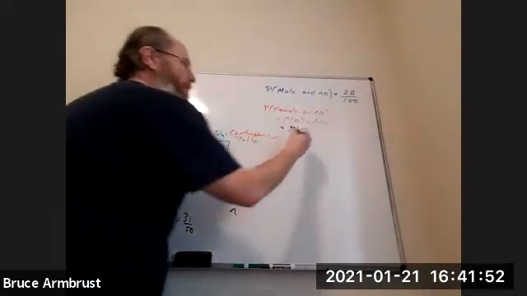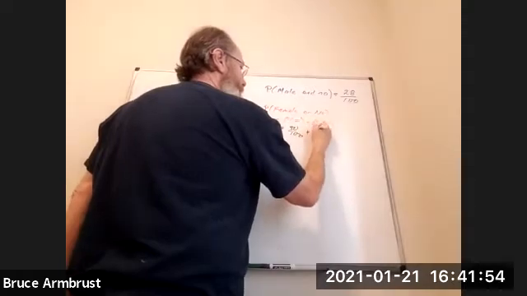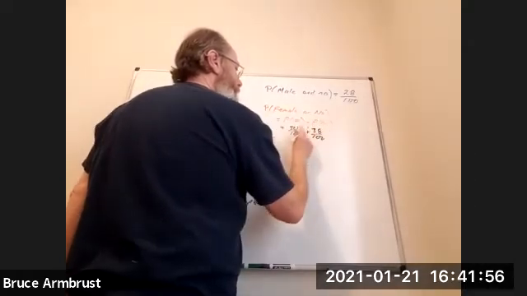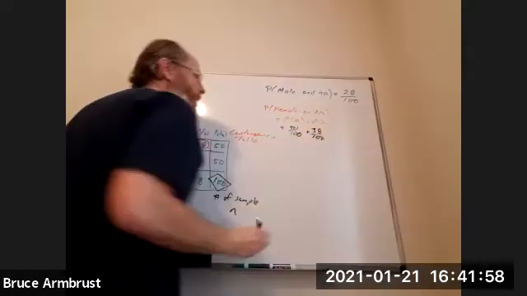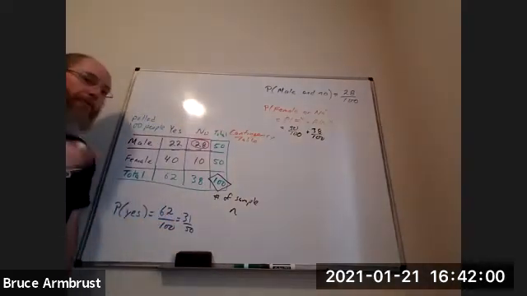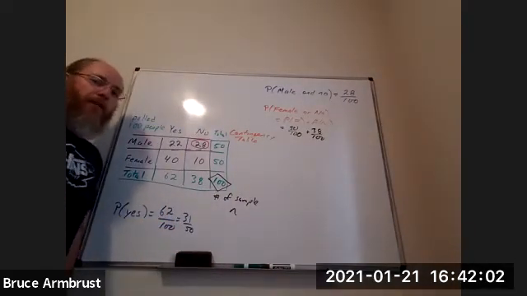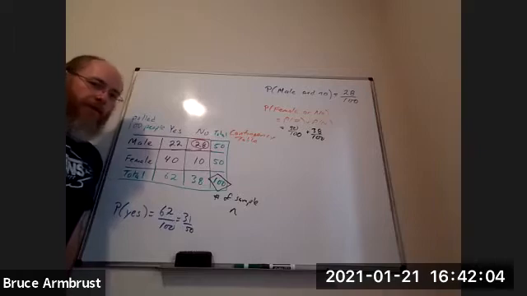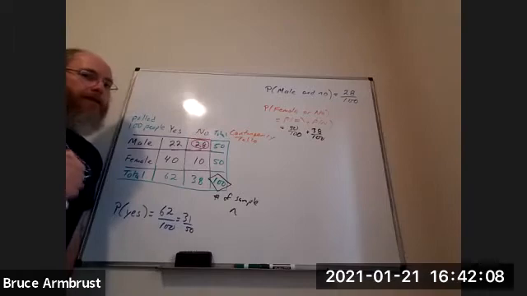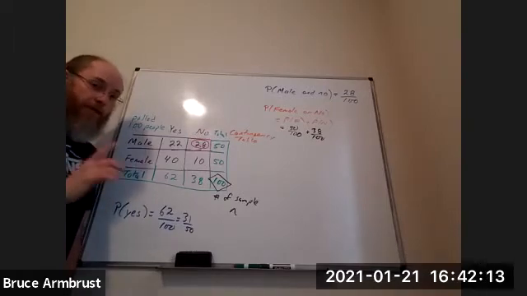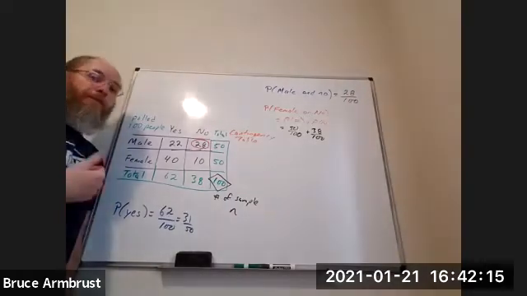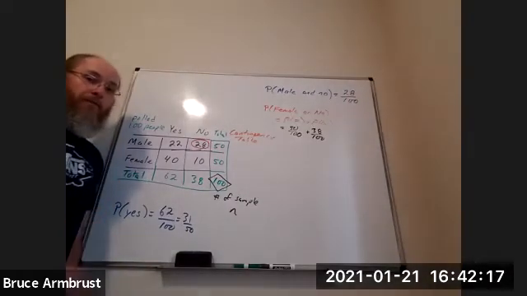So we have plus 38 out of 100. All right, now, if they're mutually exclusive, this is the correct answer. But this time they're not mutually exclusive. Is it possible that there is a female who says no?